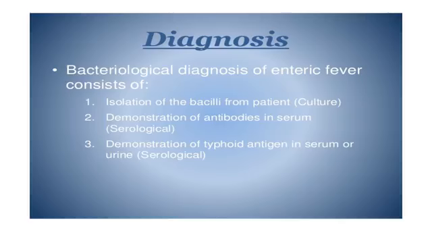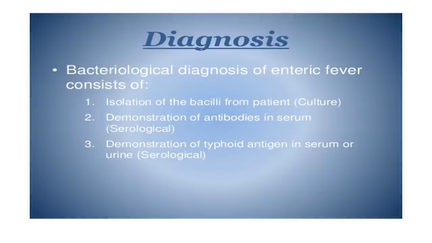Diagnosis. How will you diagnose the patient with typhoid fever? So the ideal diagnostic and gold standard is the isolation of bacilli from the patient, that is in the form of culture.